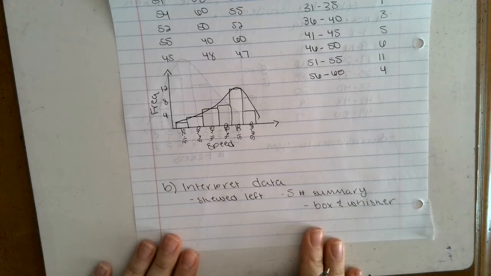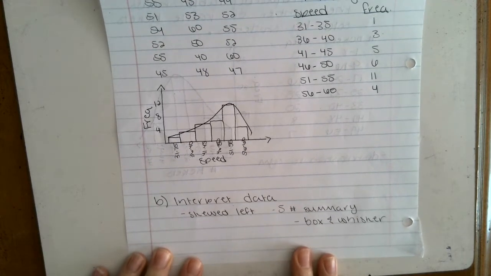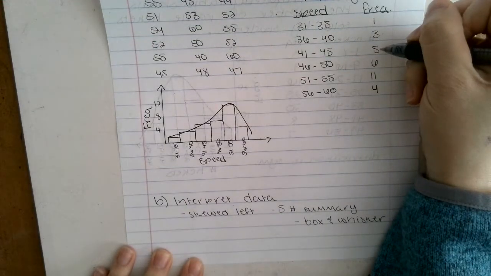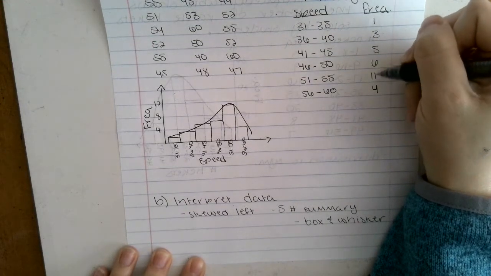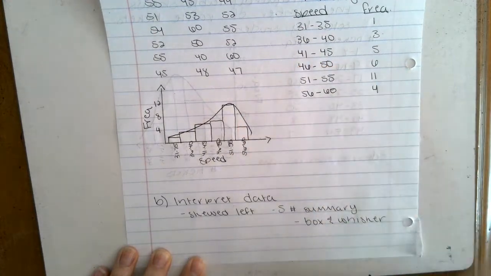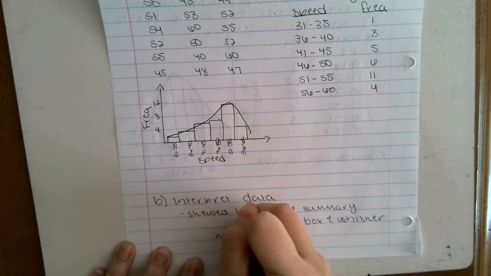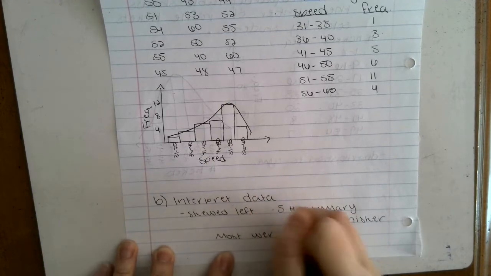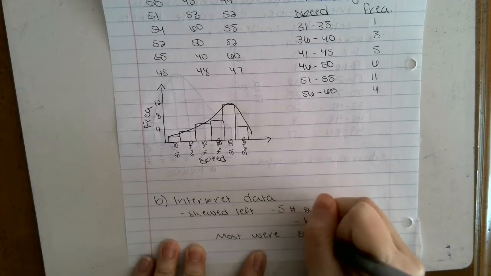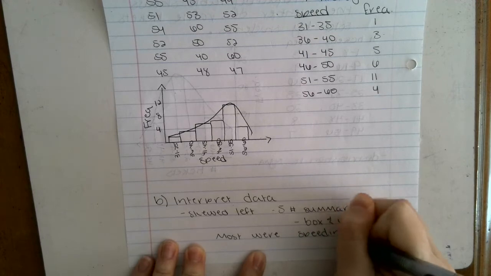So, if we see here, because our speed limit was 45, I have high numbers up here. So from that, I would probably say that most were speeding, which you could also see if you created a box and whisker plot.